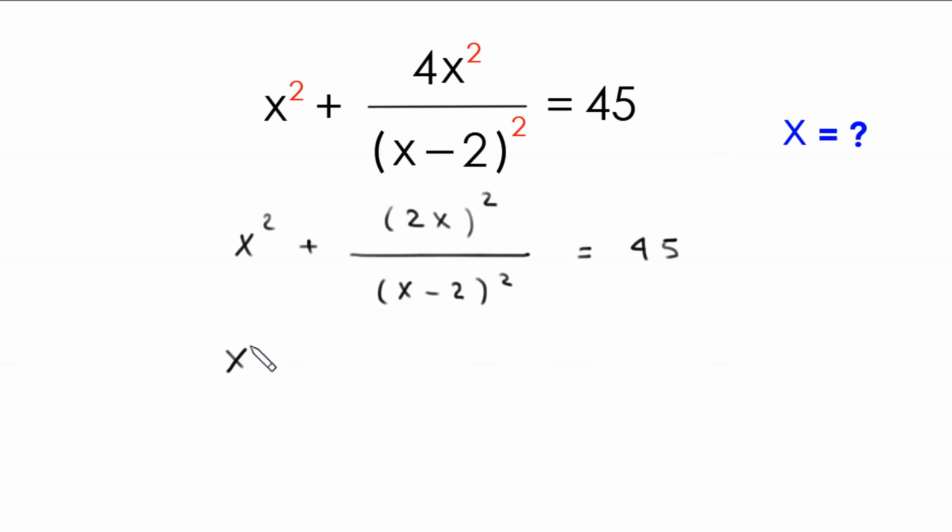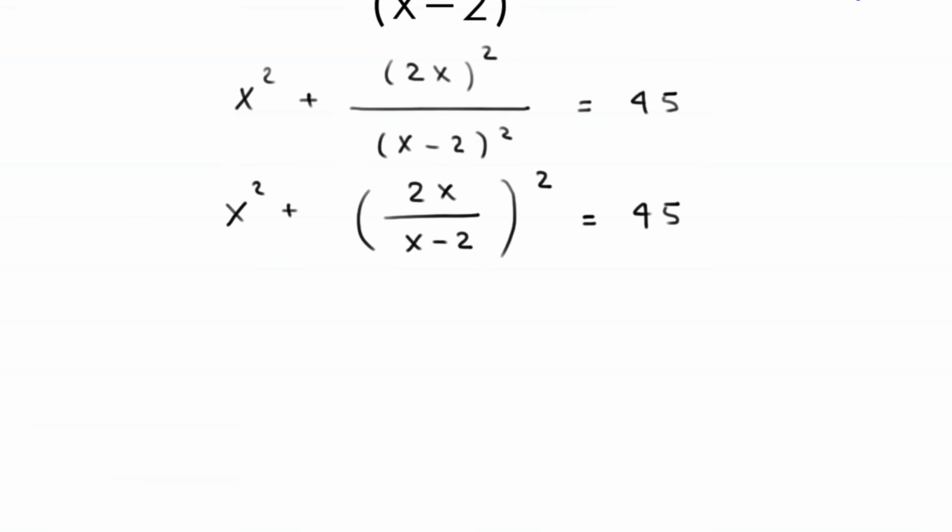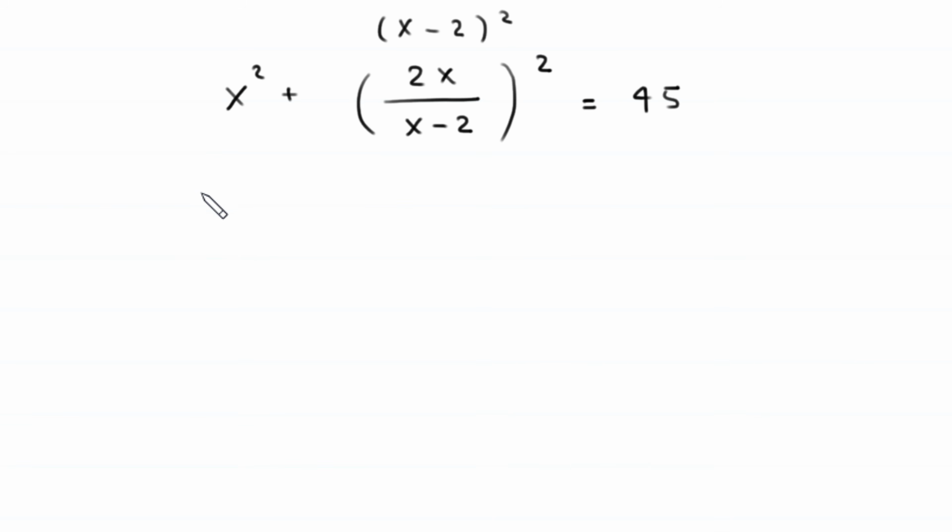Next, x squared plus this expression can be written as (2 times x divided by x minus 2) whole squared is equal to 45. Now we suppose that x is equal to a and 2 times x divided by x minus 2 is equal to b.